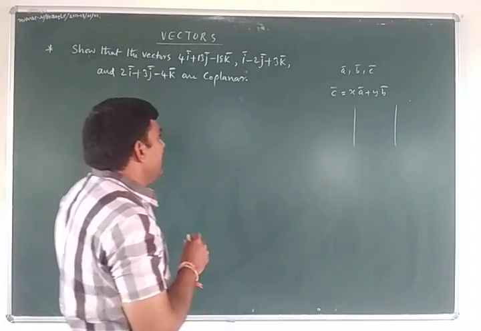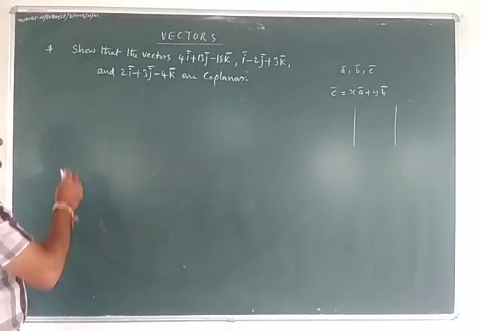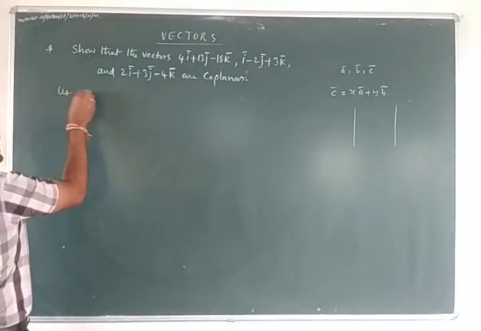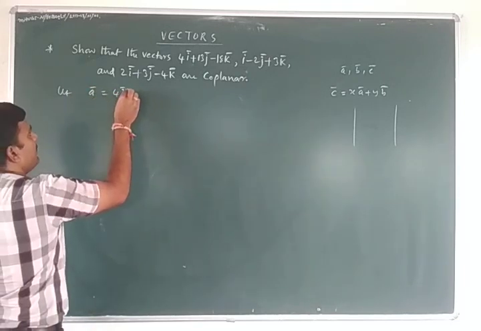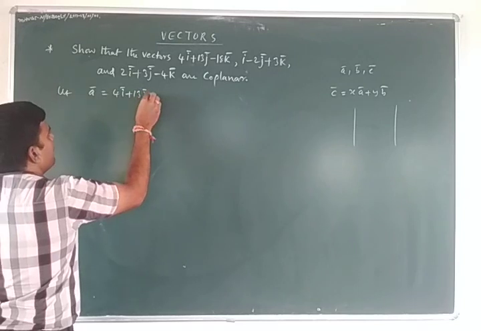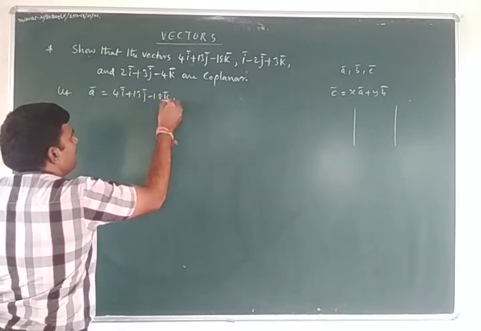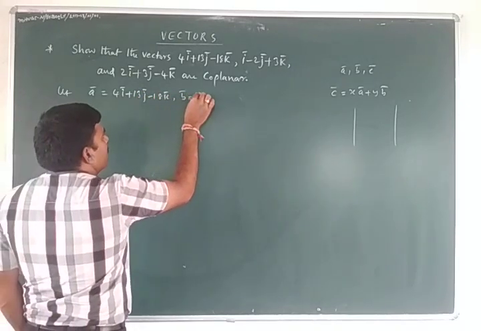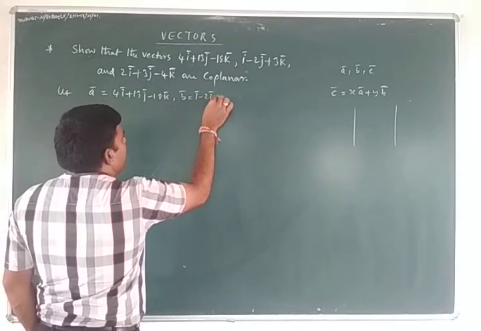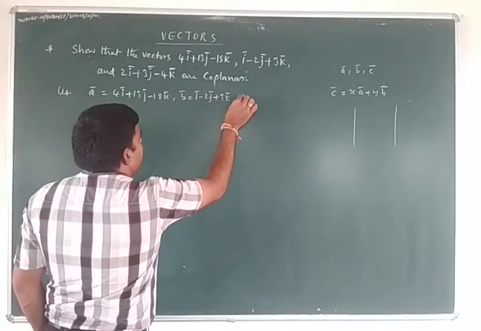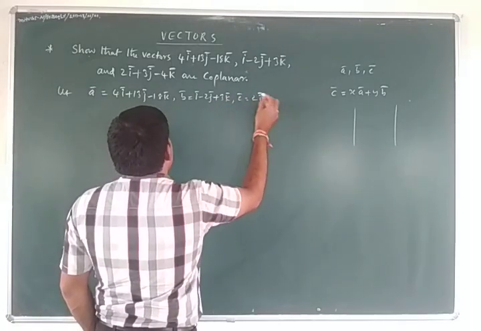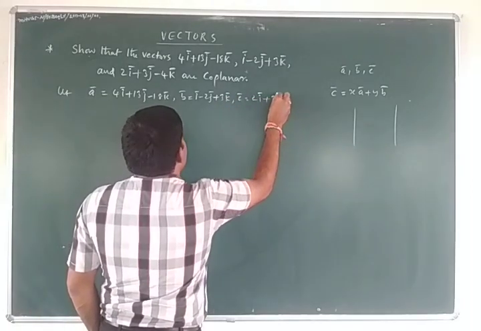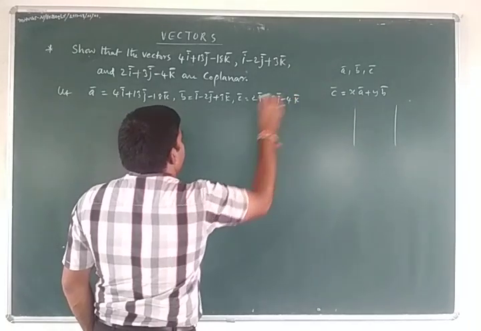Observe clearly. Let us take the given vectors first. Let a bar be equal to 4i bar plus 13j bar minus 18k bar, b bar equal to i bar minus 2j bar plus 3k bar, and c bar equal to 2i bar plus 3j bar minus 4k bar.